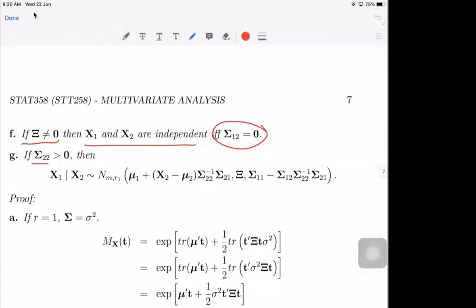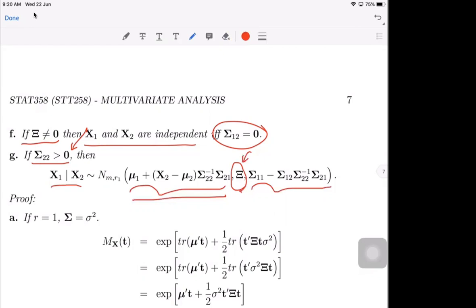And next, if sigma 2 is positive definite, then we are assured of the existence of the inverse. Then the conditional distribution of x1 given x2 is still normally distributed. Actually, we have solved this in the univariate case. The mean is equal to this.